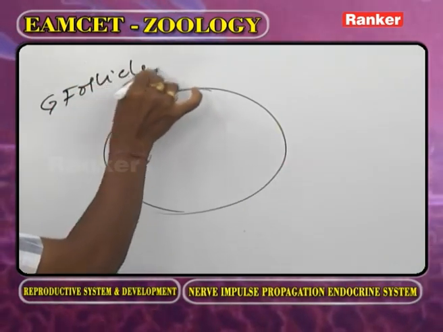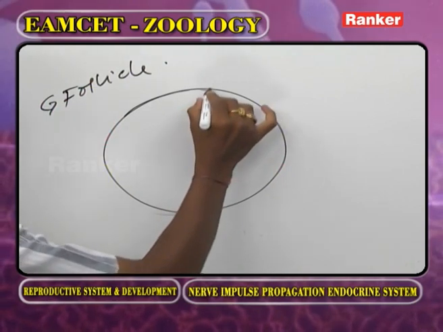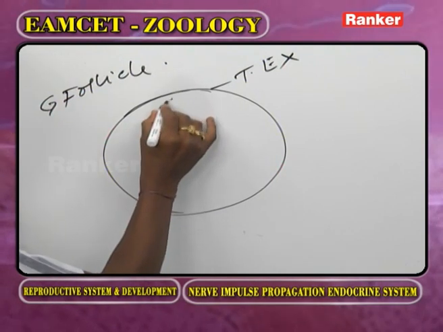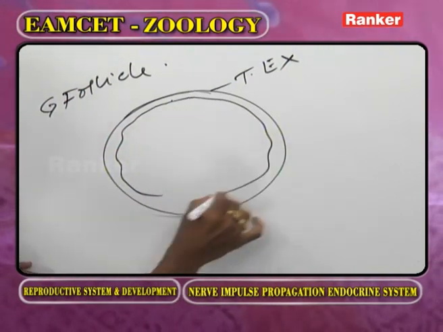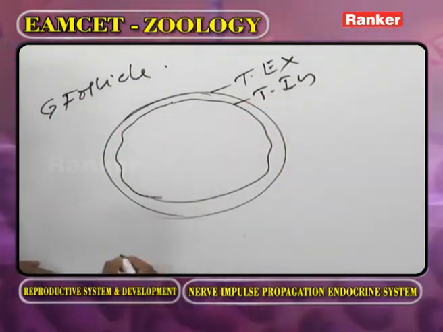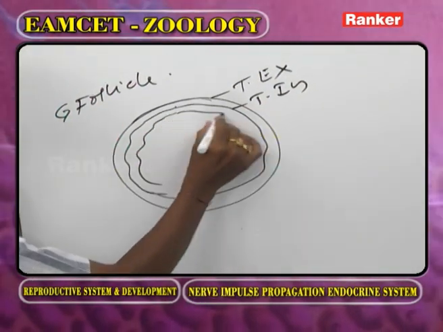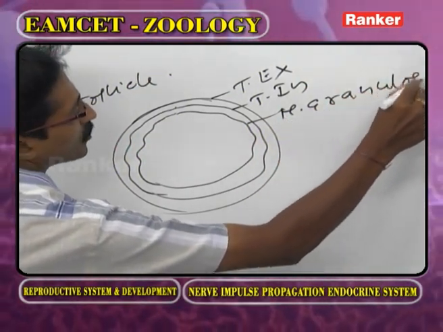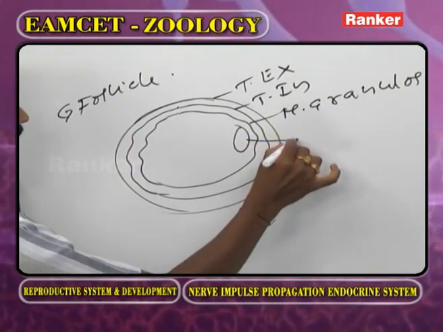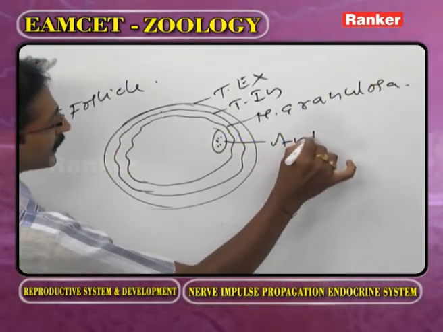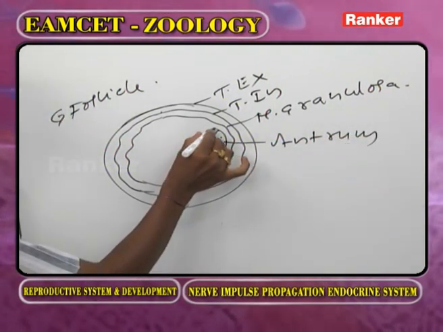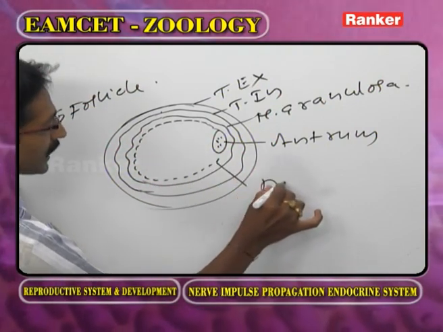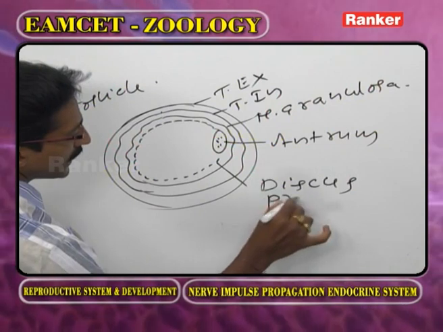It is covered and protected by theca externa, followed by the theca interna, followed by the membrana granulosa. Now this one we call the fluid-filled cavity, the antrum, and this one the discus proligerus, a nutritive material.